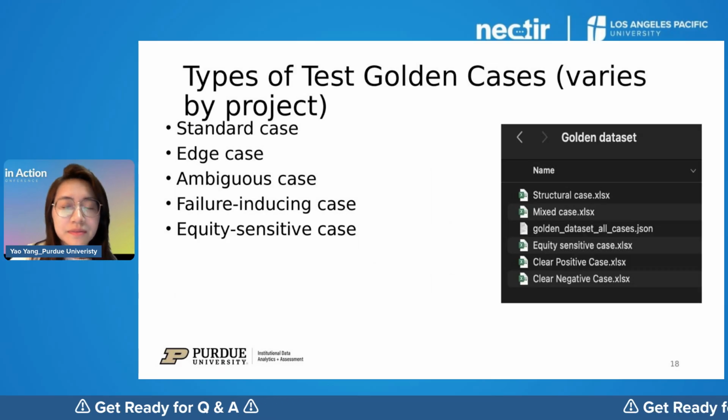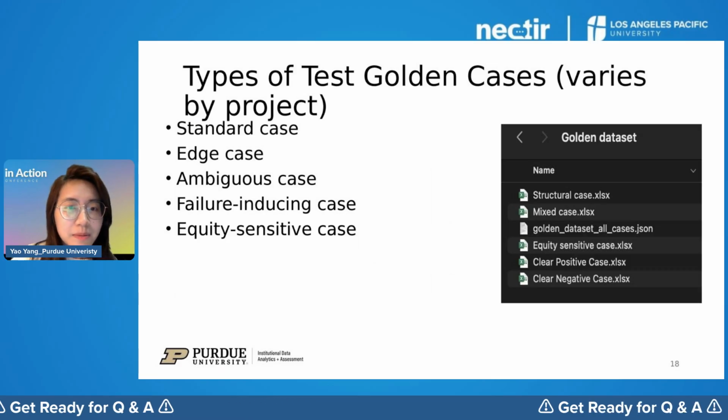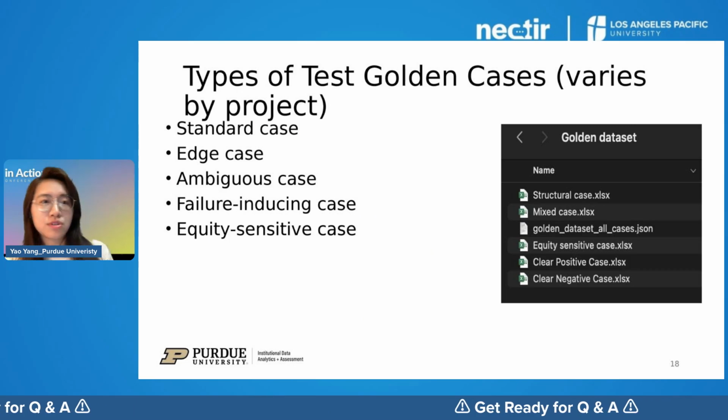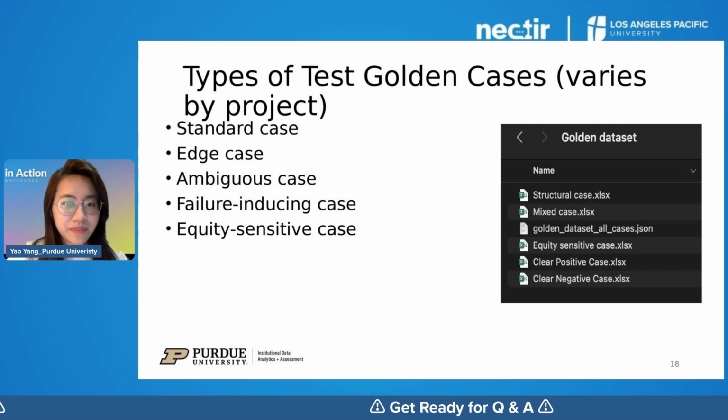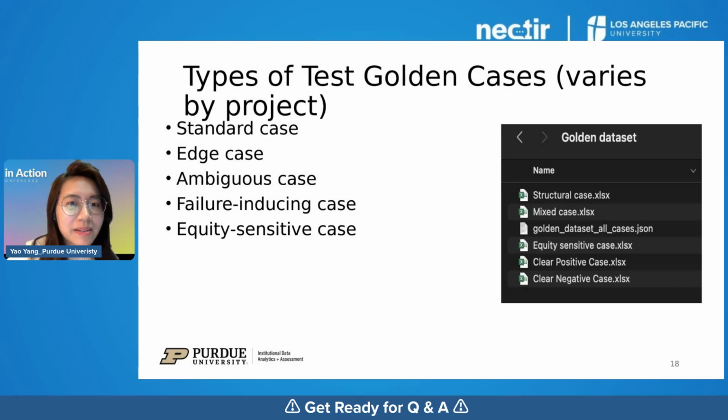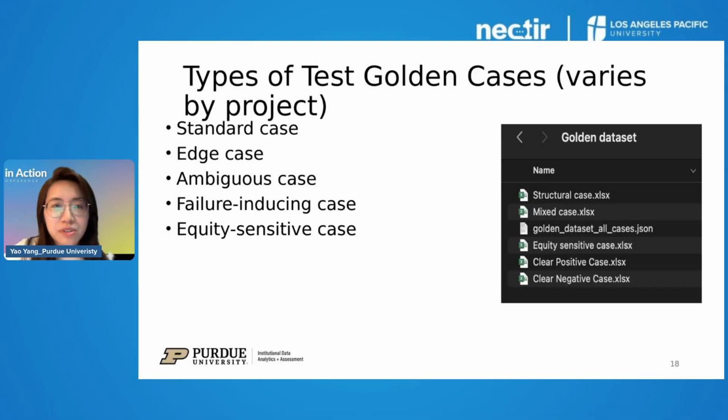I think I'm running out of time, but I will finish these slides in one or two minutes. I will just briefly introduce what this golden data set is and how to create it. This golden data set consists of different kinds of golden cases, like the standard case, edge case, and ambiguous case.